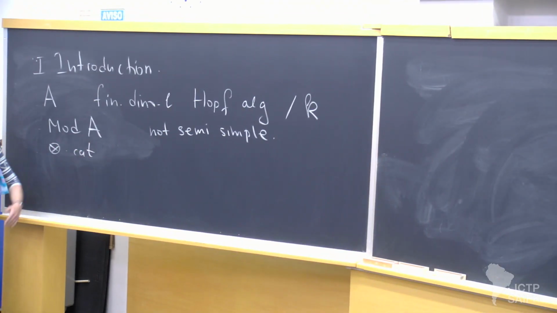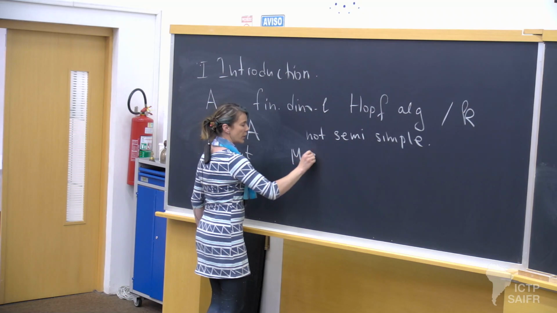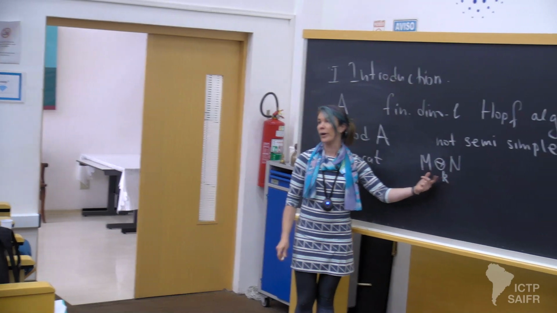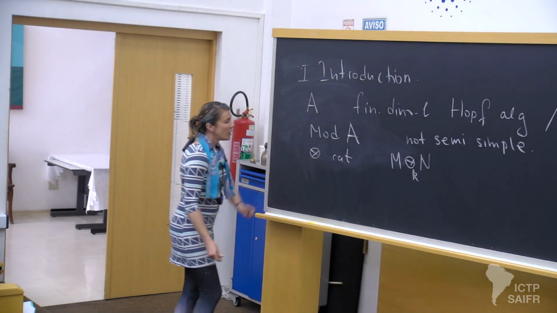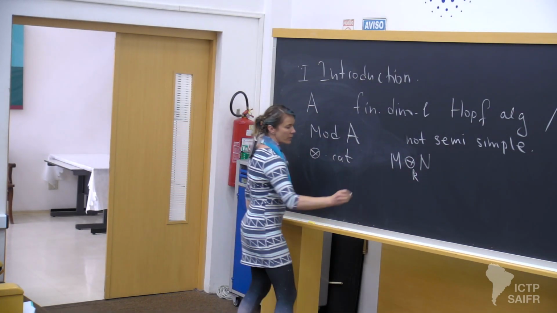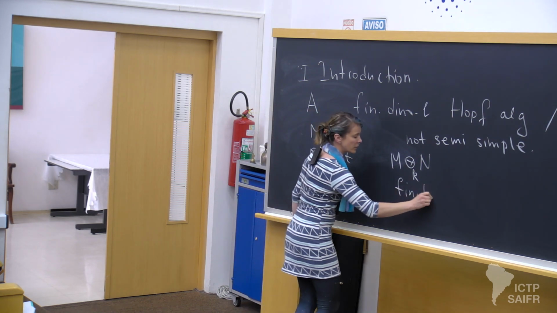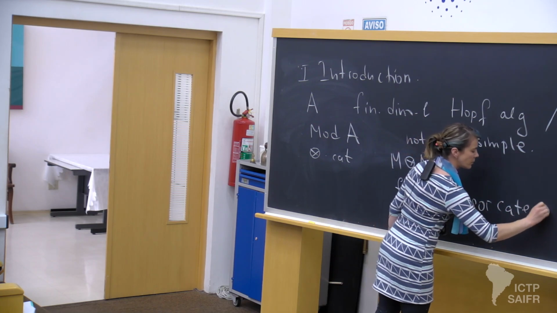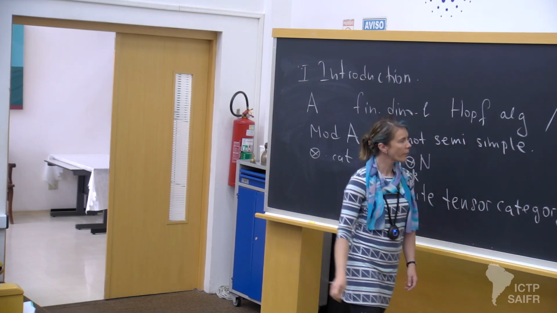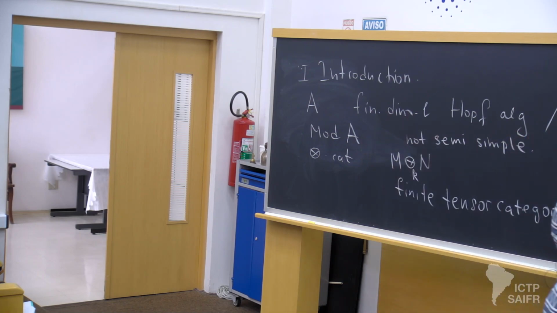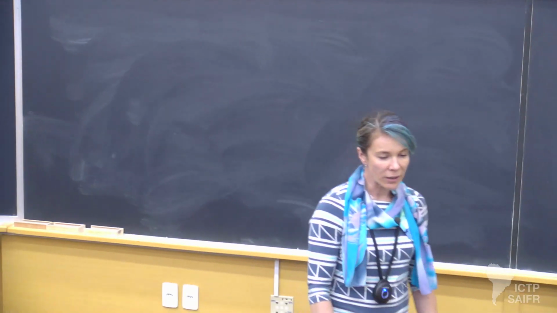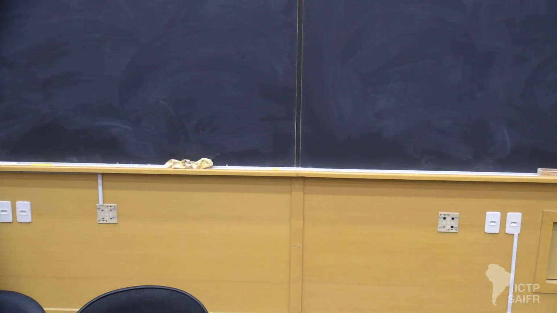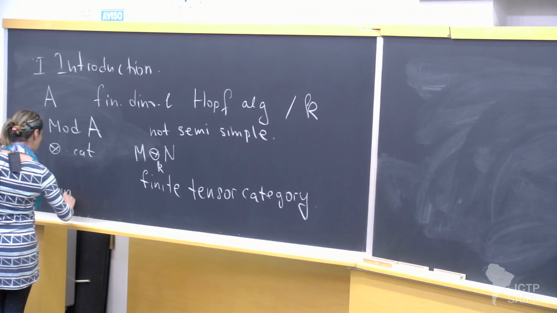Since A is a Hopf algebra, if I have two modules M and N, I can tensor them over the field K, and then A is going to act on them by the coproduct in A. So this actually becomes what we can call a finite tensor category. It has enough injectives and enough projectives, so we can do homological algebra in it.